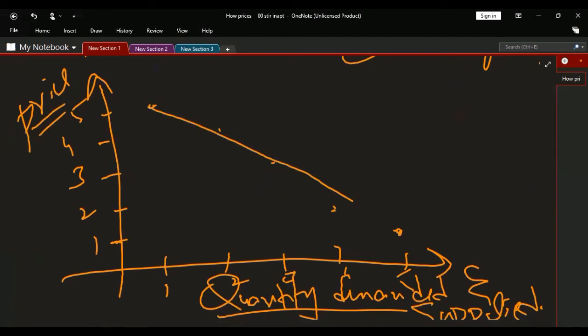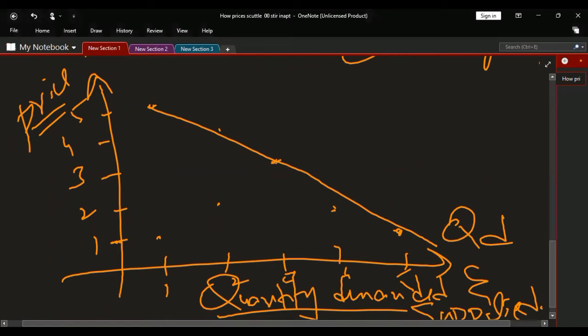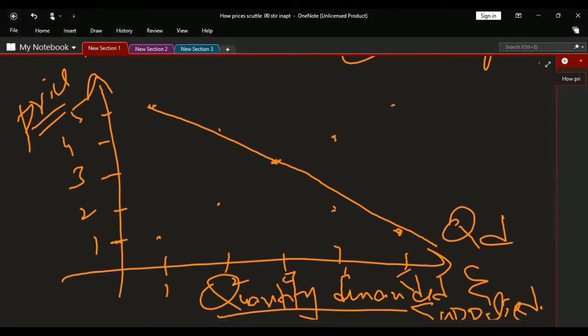So a downward slope will be prepared for quantity demanded. Now prepare the quantity supplied curve. At price 1, it is 1. Price 2 is 2. And at price 3, it is 3. And at price 4, it is 4. And at 5, it is 5. So a straight upward curve will be made for quantity supplied.